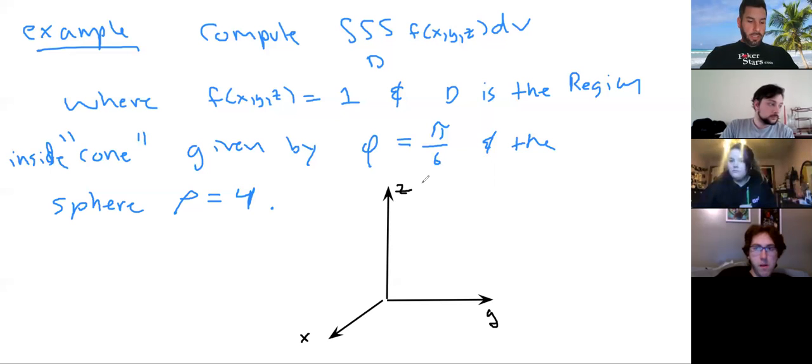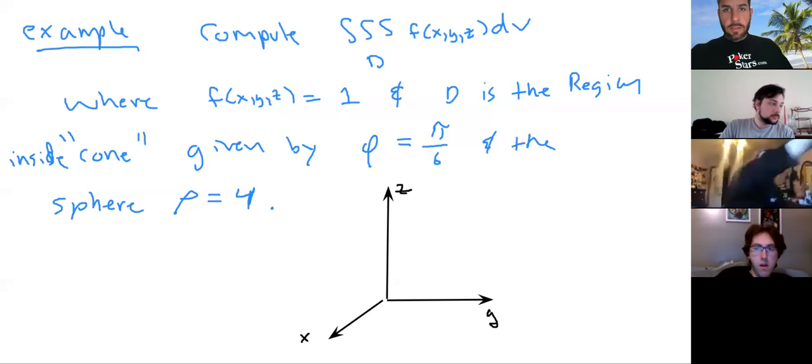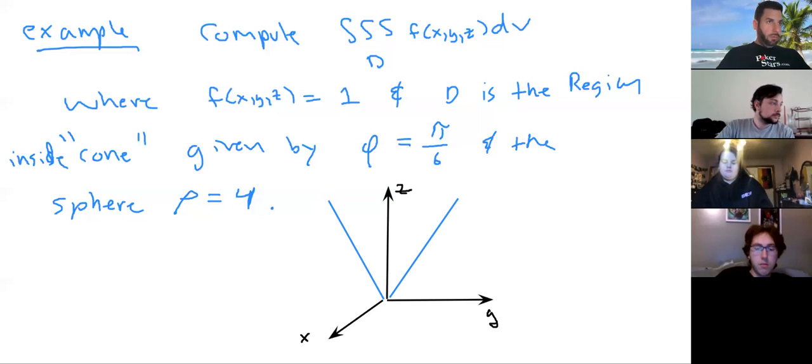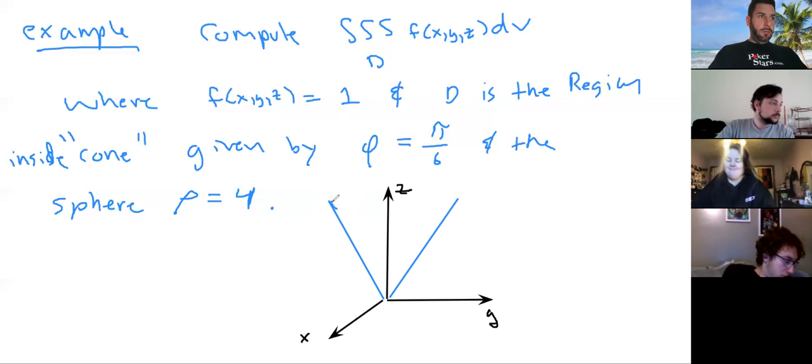Essentially what we mean is phi is some particular value. Let's try to get this as symmetric as possible. So this is our cone. This is what an ice cream cone looks like. Again, it's not perfect at the origin, but we can try to make it.